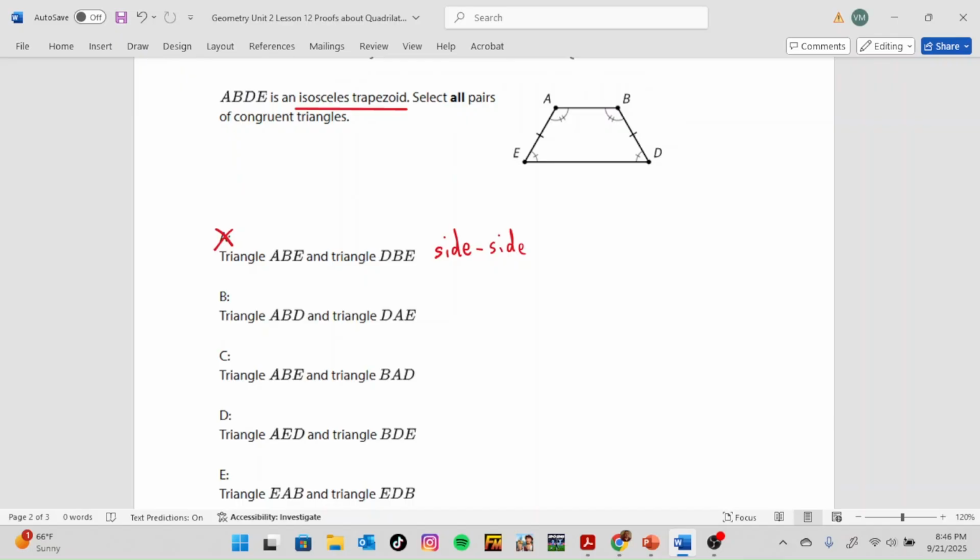Choice B says we have triangle ABD. So that's ABD. We draw the line here. So we're talking about this triangle in blue.